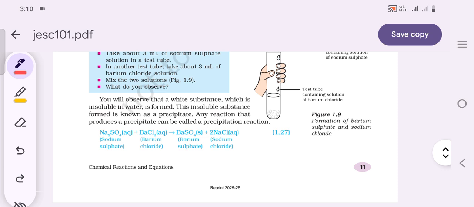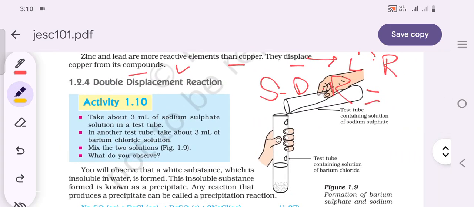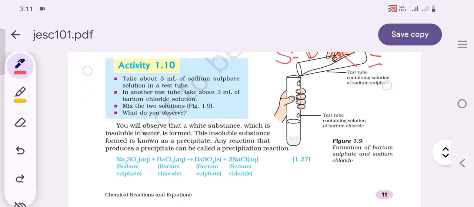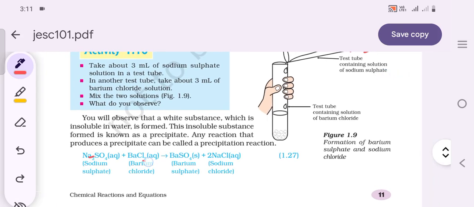Let me highlight this. A double displacement reaction is a chemical reaction where two ionic compounds in an aqueous solution exchange ions to form two new compounds. That is said to be a double displacement reaction.